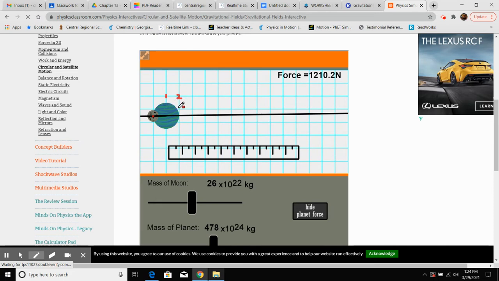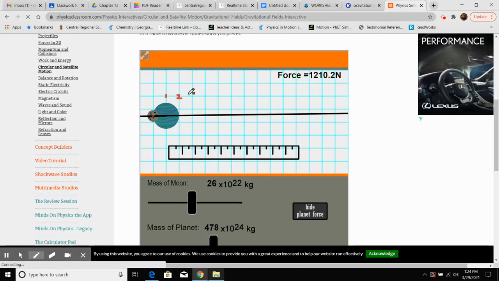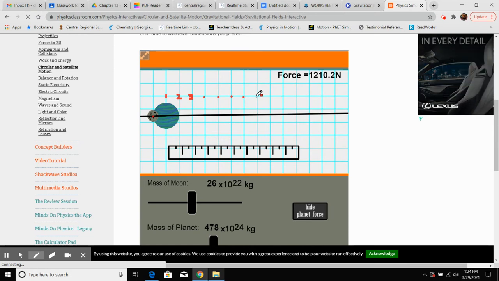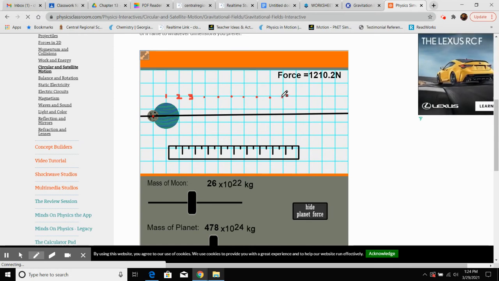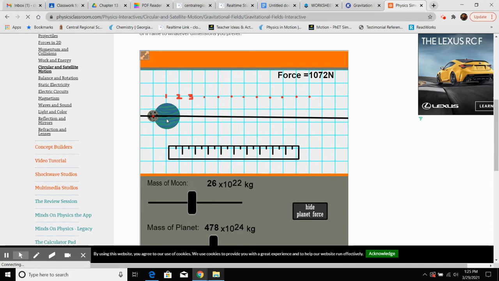We would essentially double the distance, because that's what they wanted us to start on here in this graph. 3, etc. 4, 5, 6, 7, 8, 9, 10, 11, and 12. Okay, so this looks like it's good. It's pretty snug in here.